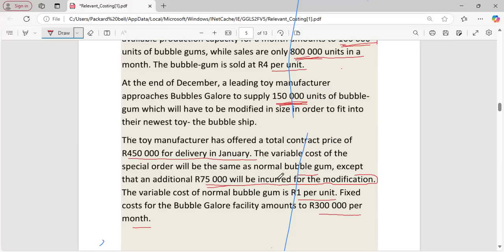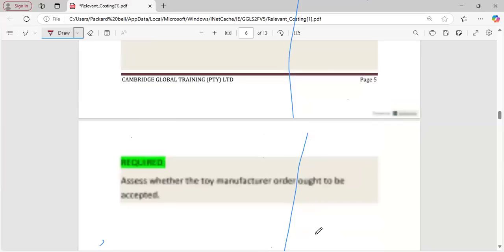Am I right? Because if we don't accept the order, we will not take this into account. Remember, they say the bubble gum is going to be modified here. So there's going to be a cost of modifying. This special order has a modification in it, which means we are going to meet a 75,000 modification cost. So this one is going to be a relevant cost, the modification.